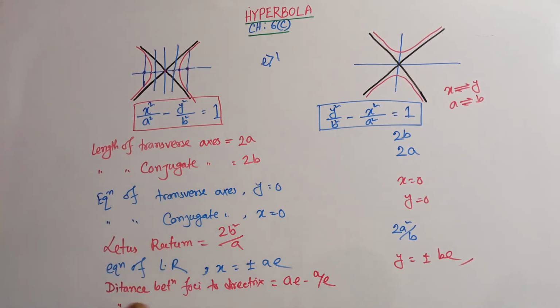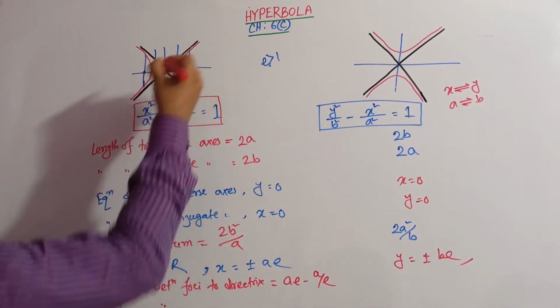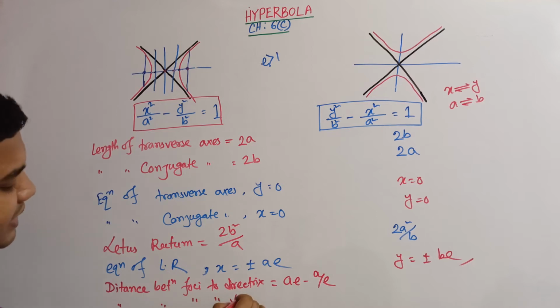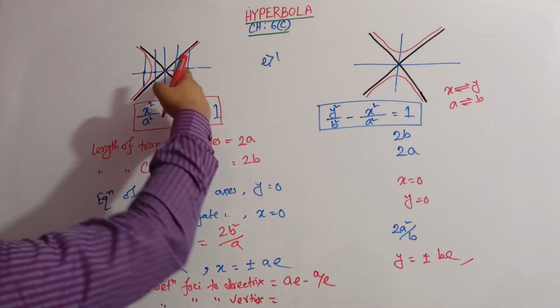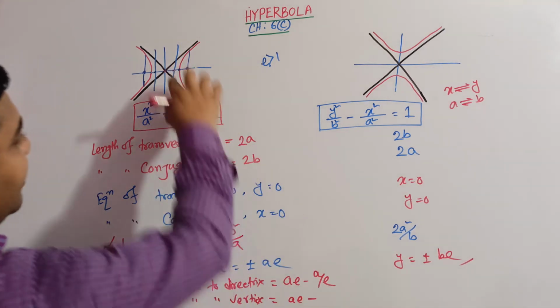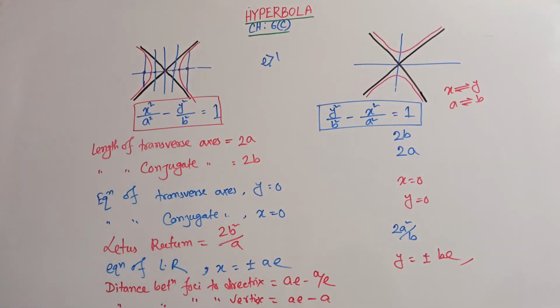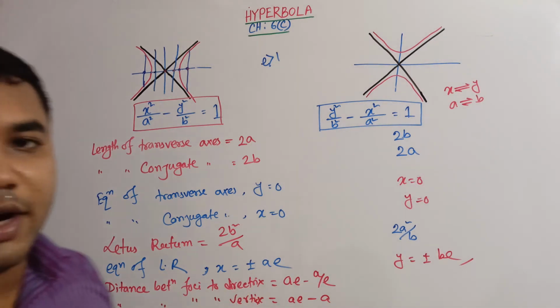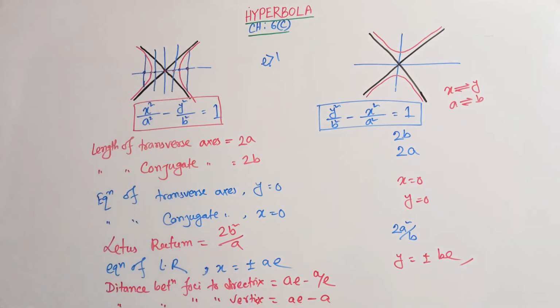And obviously the distance between foci and vertex was what? The foci was ae obviously, and the vertex was a, so ae minus a. That is the distance between foci and vertex. Clear?